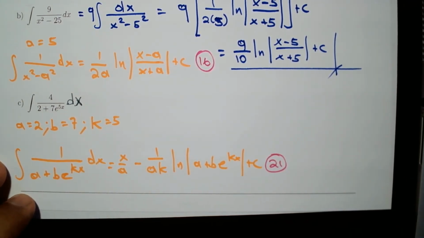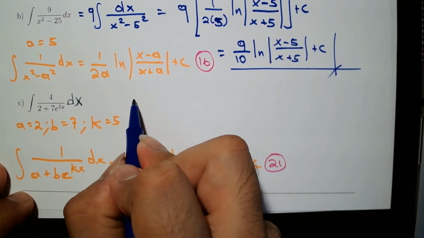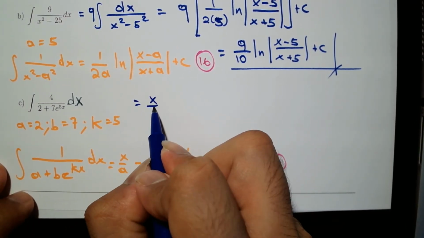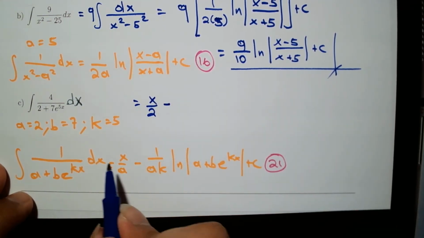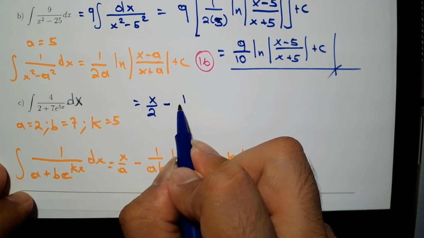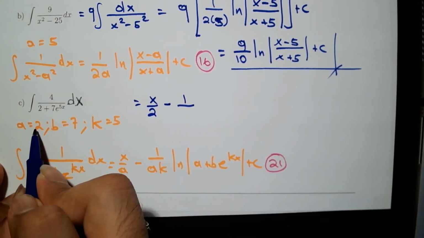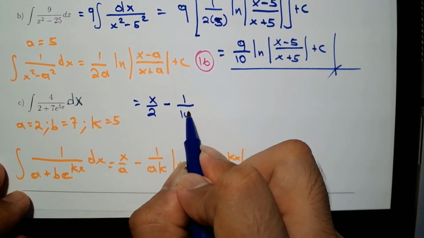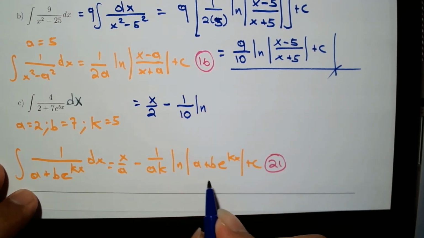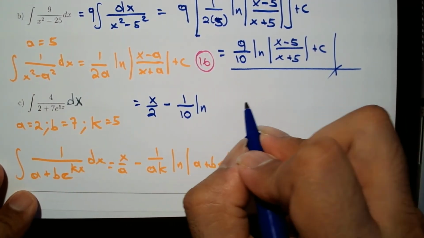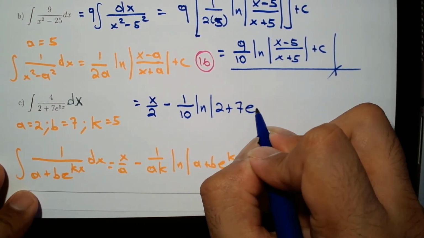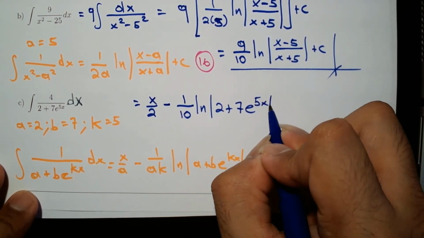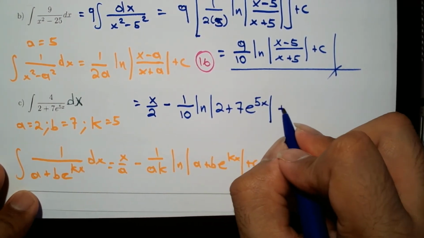Okay, so all we do is just plug in the numbers in this form, x over a. So this will be equal to x over a, which is 2, or 1/2 x, that's the same, minus 1 over a times k, in this case 2 times 5, which is 10, ln of the same denominator of the integrand, 2 plus 7, e to the 5x, don't forget absolute value bars, plus c.